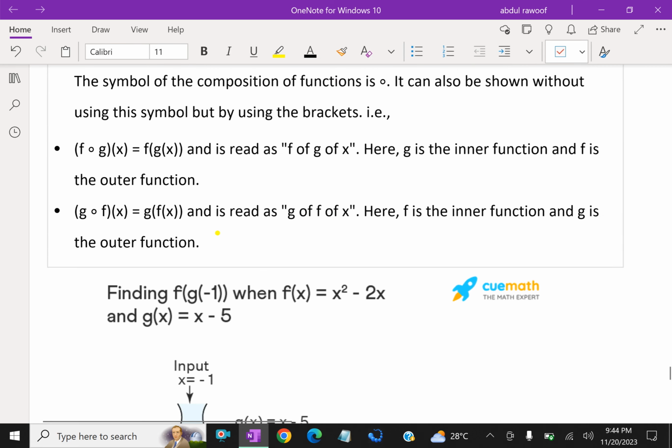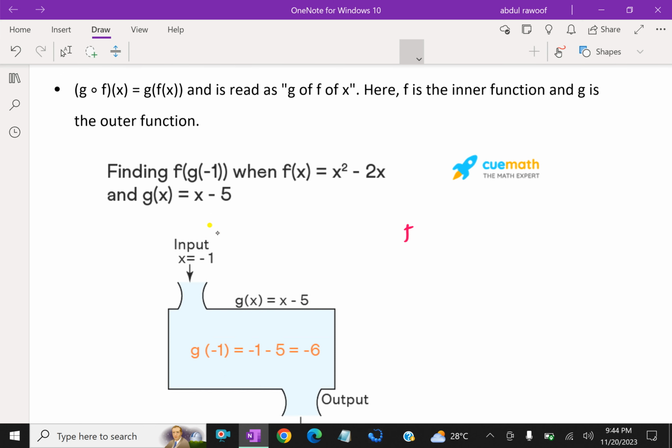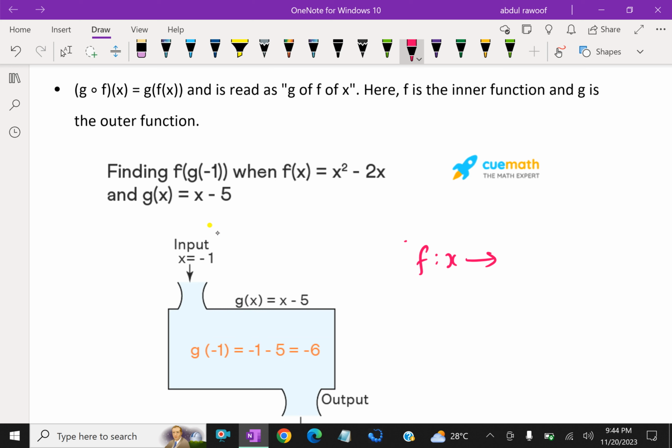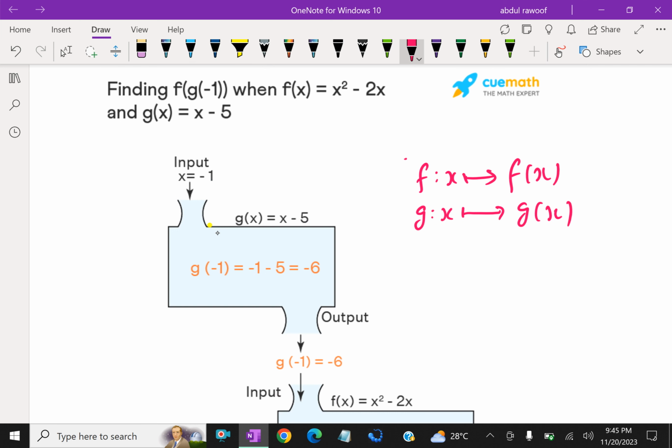Here, given f of x and g of x. Now, f of g of x is a composite function.